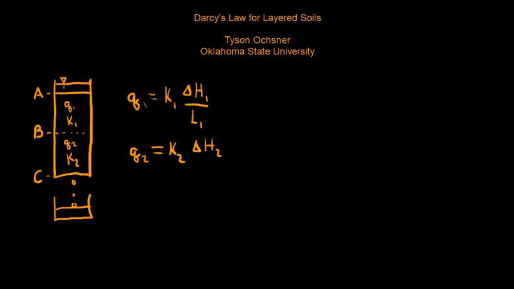So delta H2, that's a change in hydraulic head across the layer, divided by the length of the second layer. Now here we're speaking in terms of hydraulic head. This is the same as the soil water potential, the total potential.